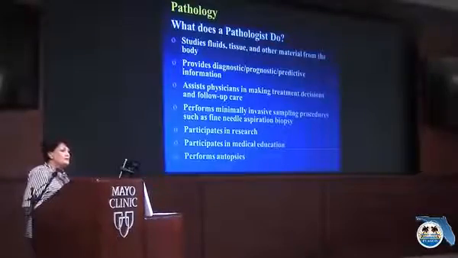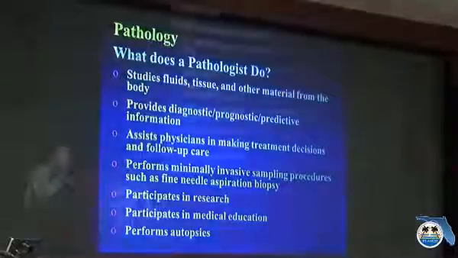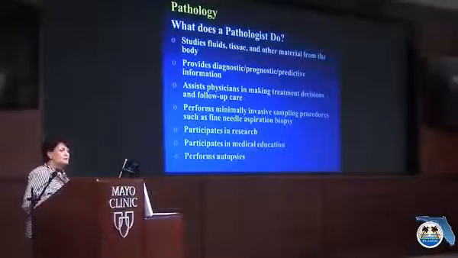We assist our physicians in making decisions with respect to treatment planning, and we perform minimally invasive sampling procedures such as fine needle aspiration biopsy. We participate in research, we participate in medical education, and we perform autopsy. So this is a collective, panoramic view of what pathologists do.